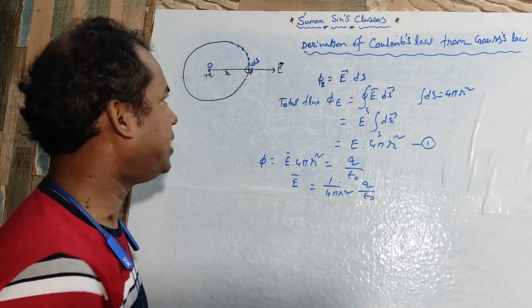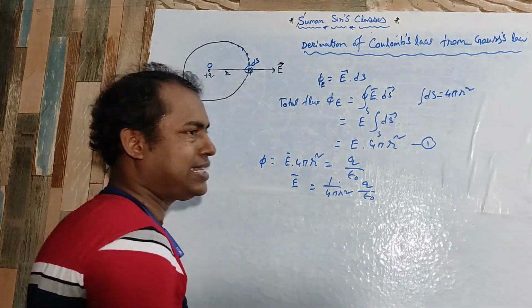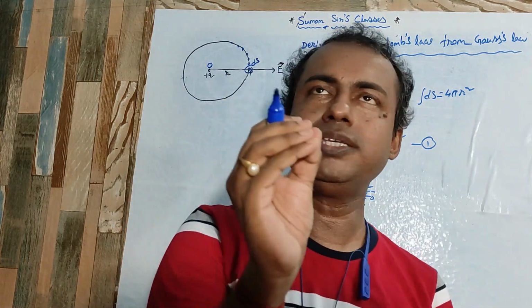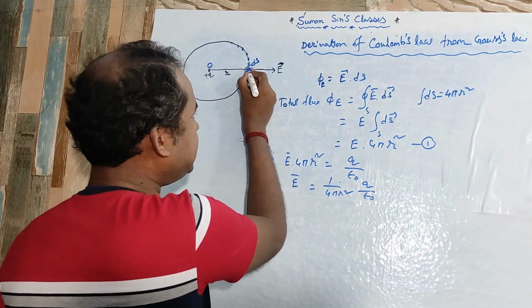Now we consider at the position P a small area ds. Within this ds, we place a test charge.